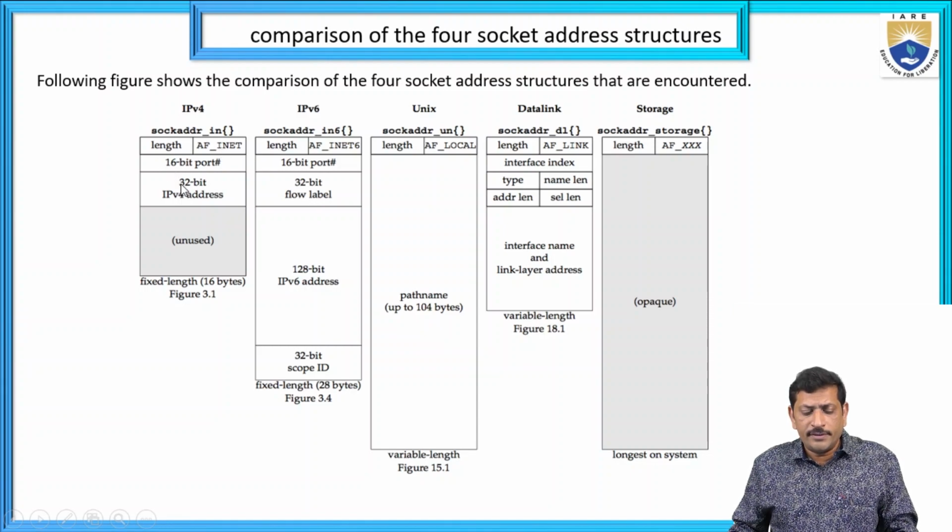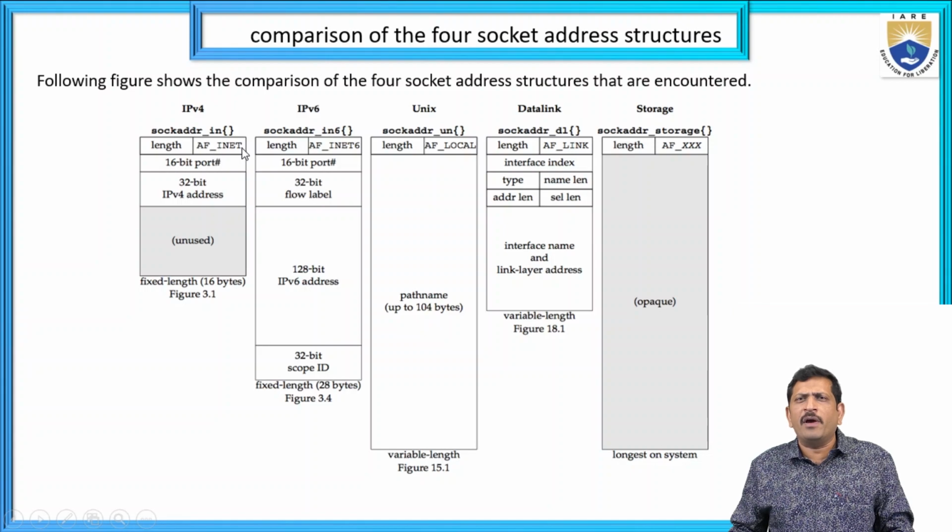This is the 16-bit port number, and this is the address family member, AF_INET. IPv4 has an address family member, and IPv6, Unix and data link also have address family members; these are the AF_INET families.